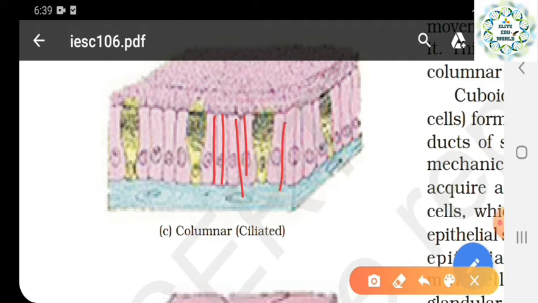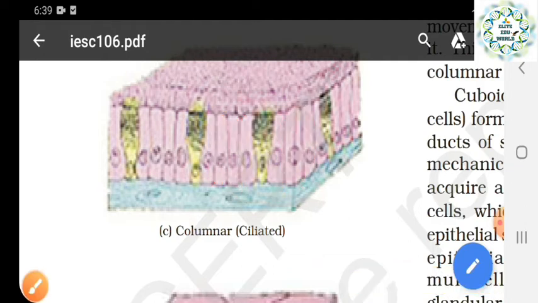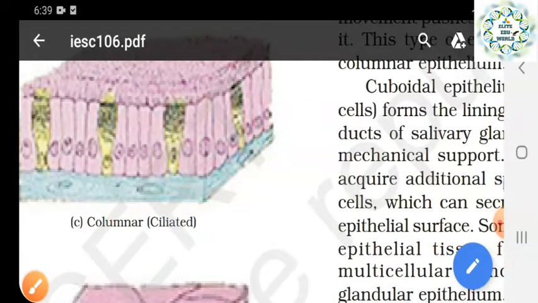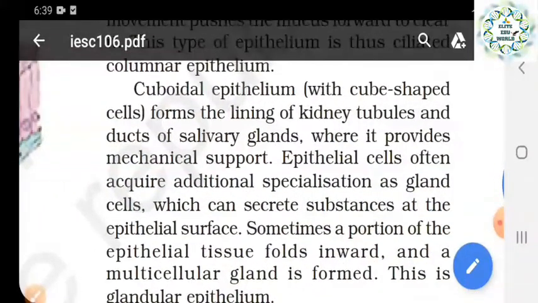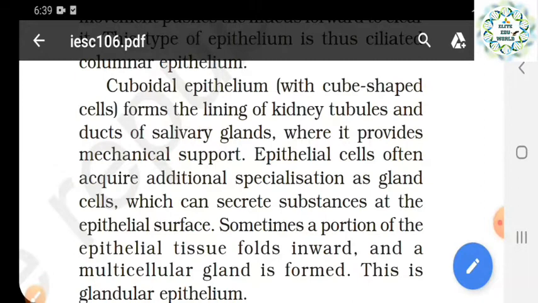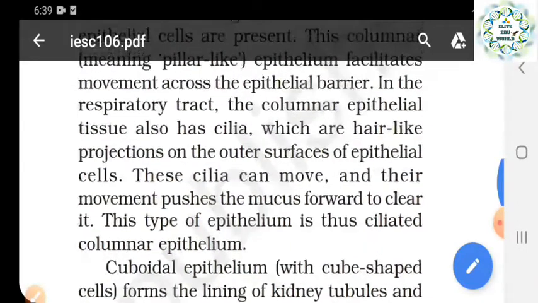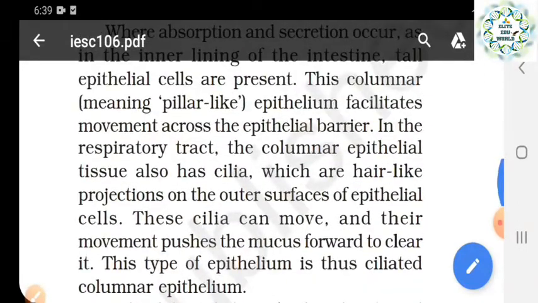They are also ciliated, having hair like projections called cilia. So this columnar epithelium tissue also has cilia, which are hair like structures or projections.